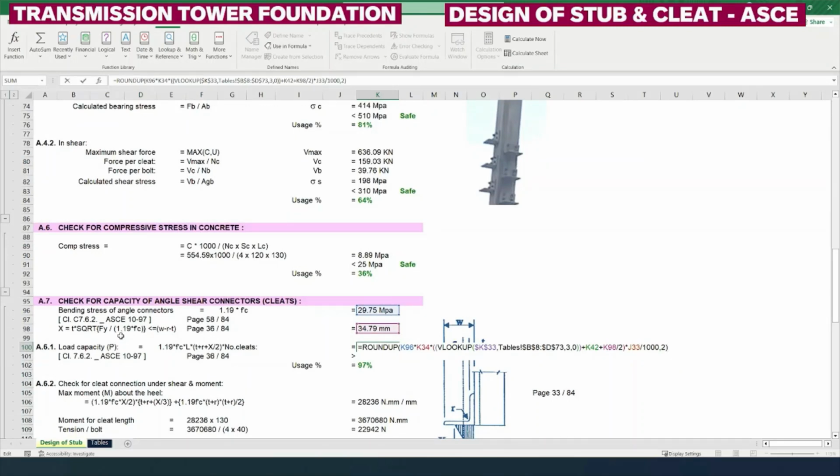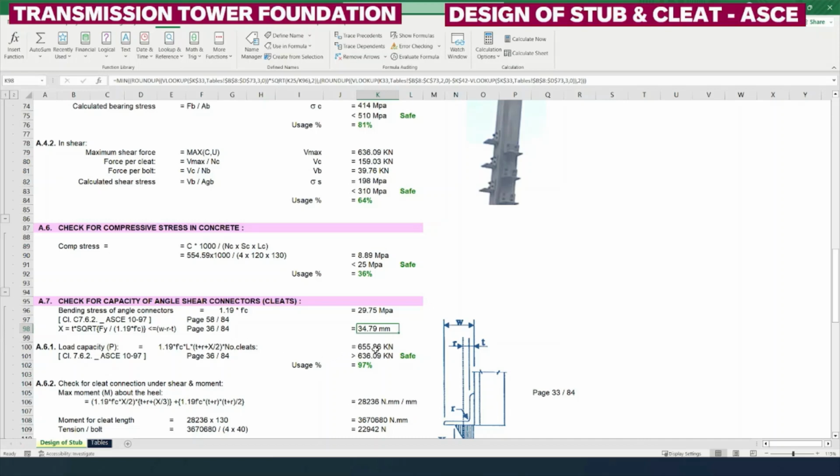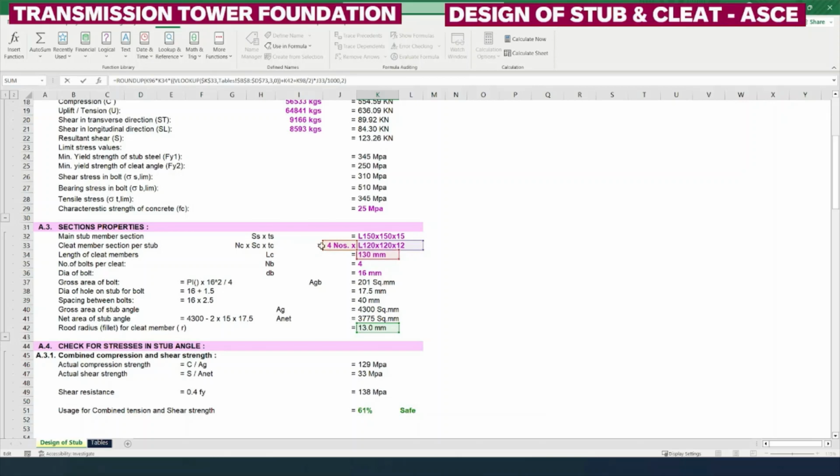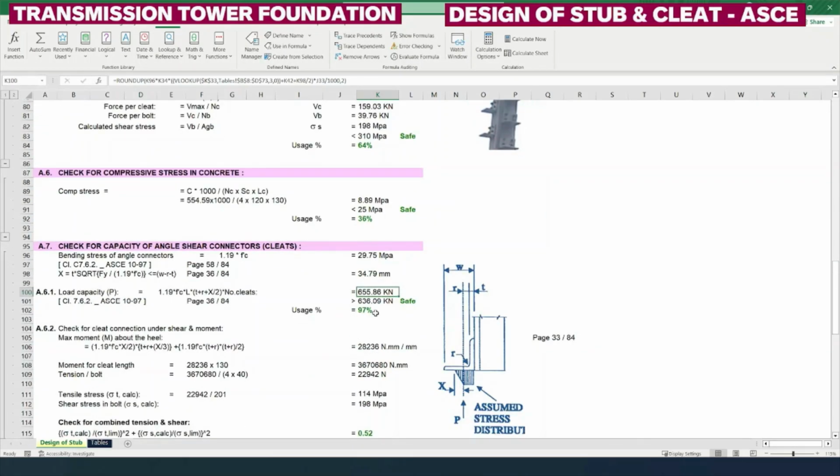And x divided by 2 is already calculated as 34.79. By applying all these values, and also the number of cleats, which is 4 numbers we had considered here, the load carrying capacity of the cleat arrangement is coming to 655.86 kilonewton as per our calculation.